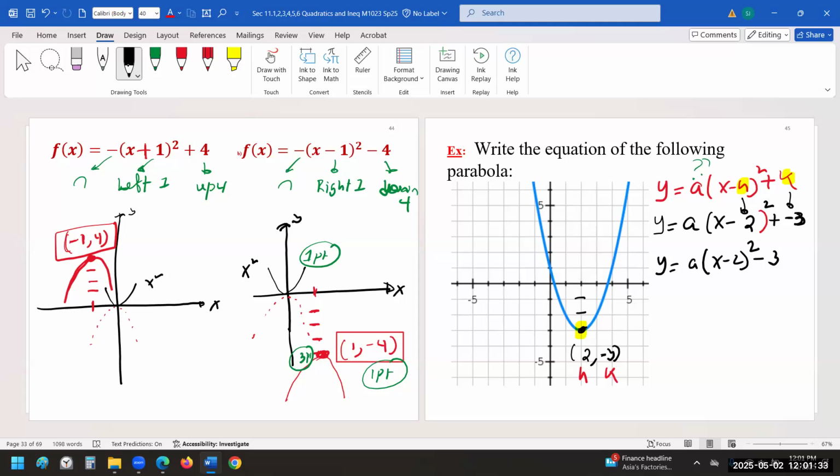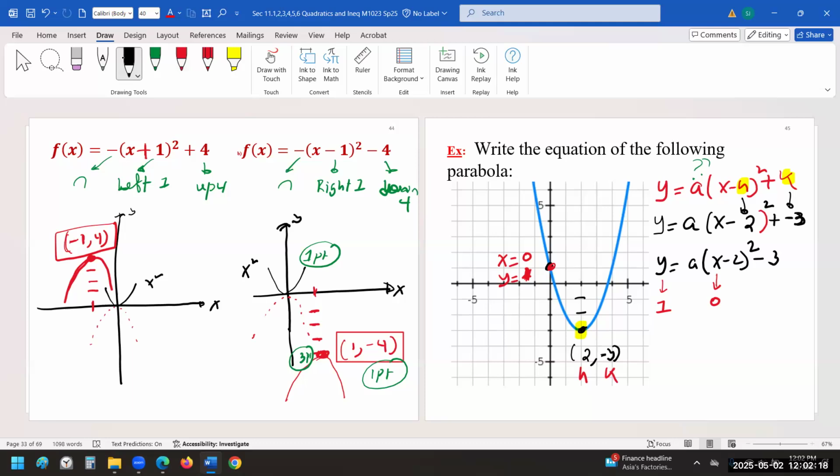Now to find that a, we can pick any point from the graph and replace x and y with that, so that we have all the variables taken care of besides a. So you can take any point. My favorite point is intercepts. Let's take this point. In this point, what is our x? 0. And what is our y? 1. So from that, y intercept, our x is 0 and y is 1.